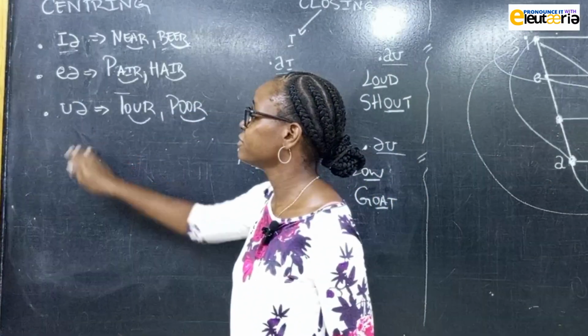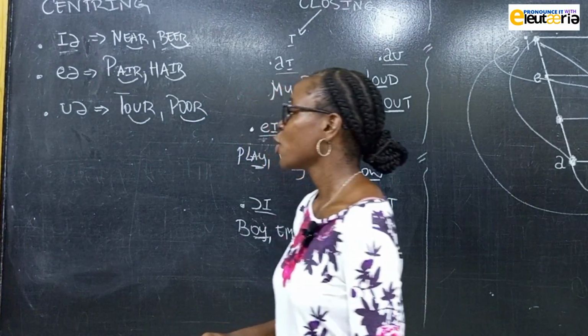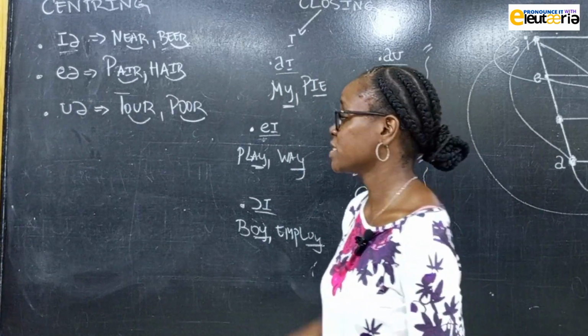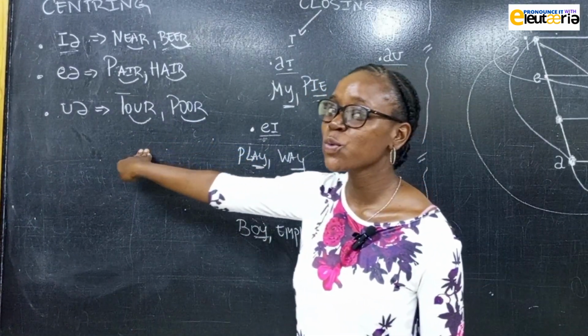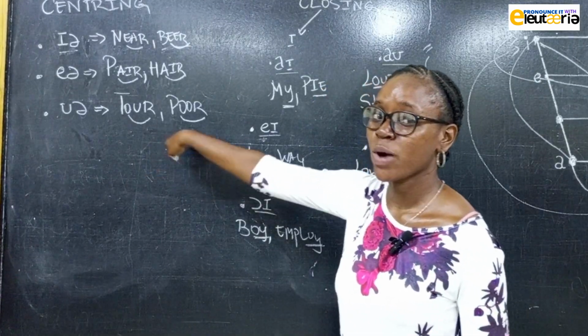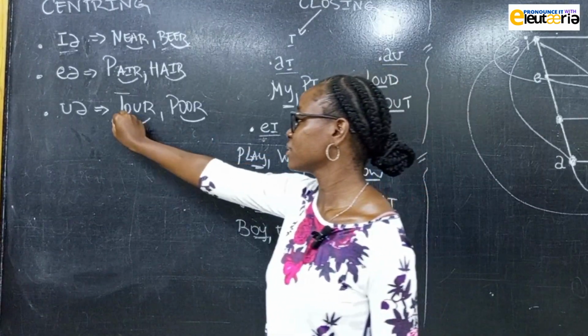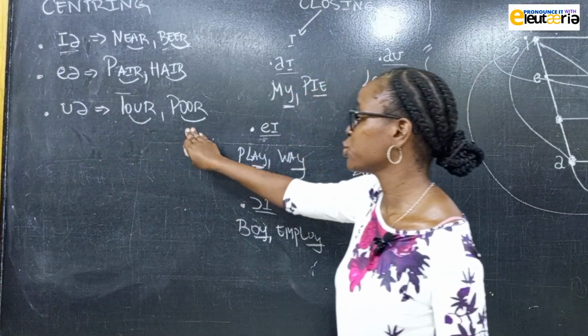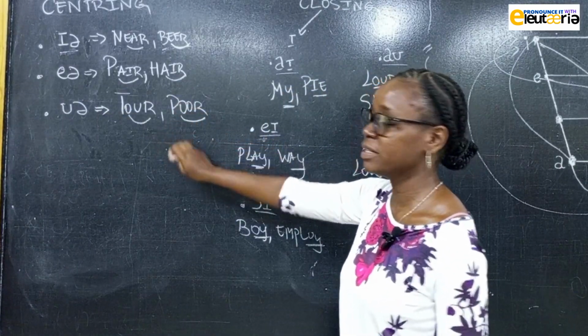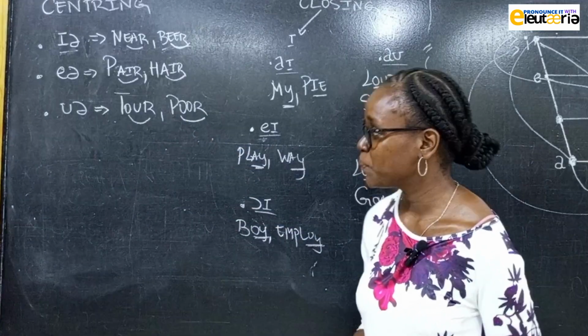And we have the diphthong ua that we find in words like tour or poor. Right after the consonant, we find the sound ua. In this word too, after the consonant pa, we find the sound ua.